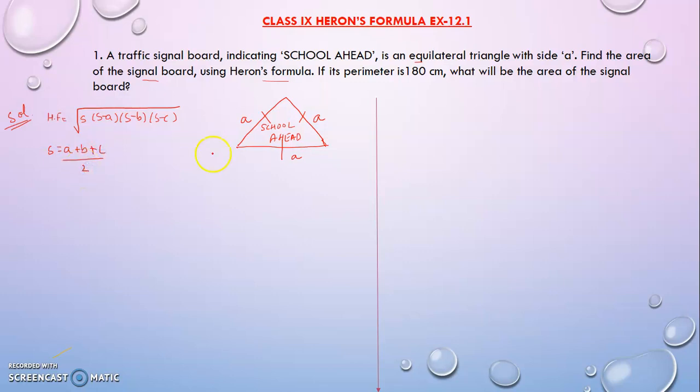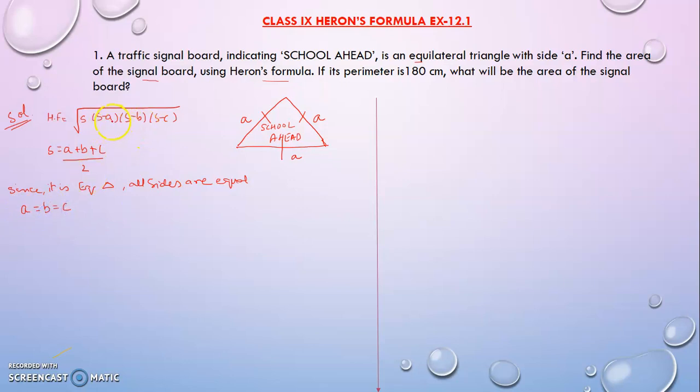Now another important thing: since it is an equilateral triangle, all sides are equal, students. All sides are equal in a triangle. So this means A is equal to B is equal to C.